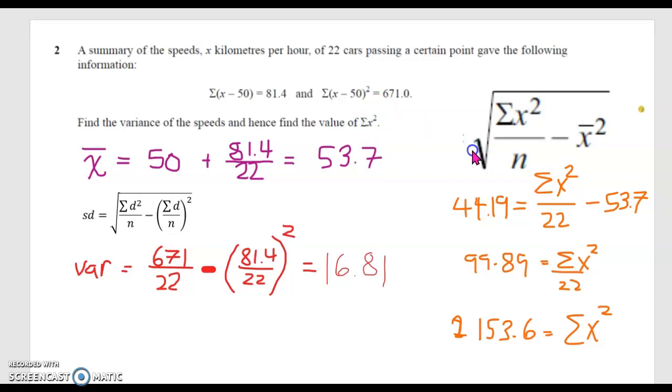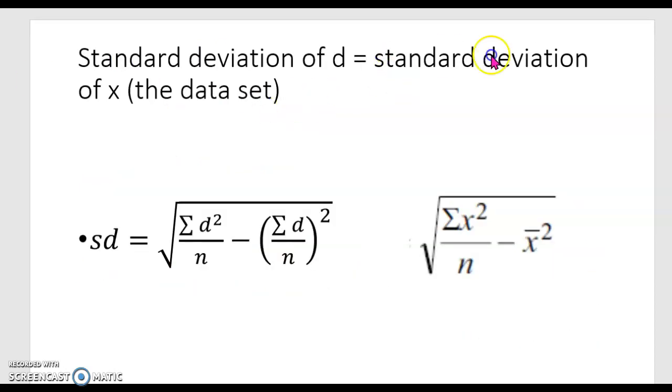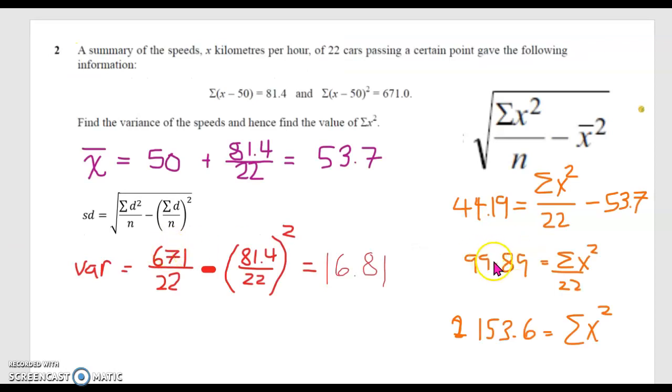And to do this, we're going to use the fact that, as we said on this slide, the standard deviation of the actual data set is the same as the standard deviation for the differences that we just calculated, basically, when we did variance. Okay? So what do I mean?